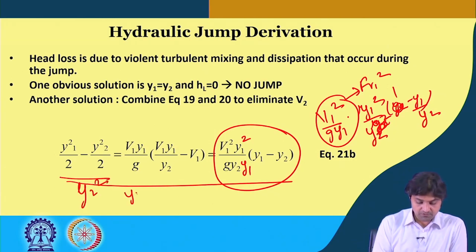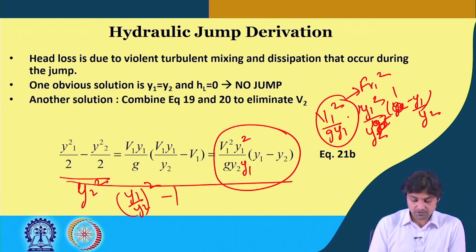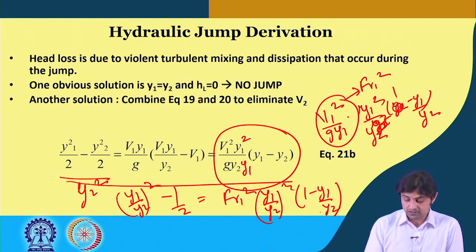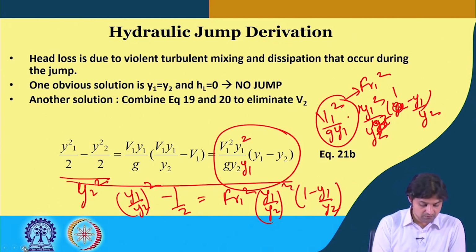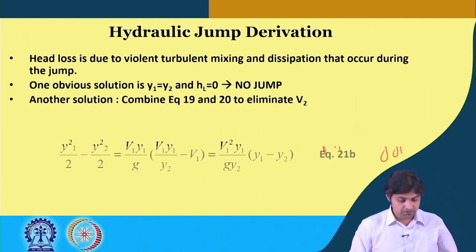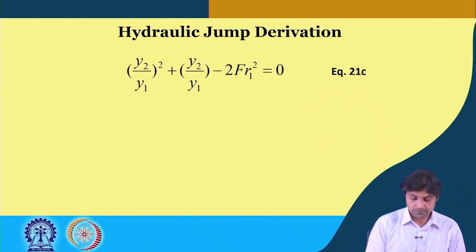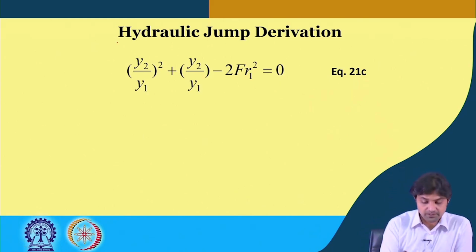So, this will become y1 by y2 whole square, and this becomes minus 1 by 2 is equal to Froude number whole square y1 by y2 whole square into 1 minus y1 minus y2, and this on rearranging will come out to give this equation. Okay. So, this is a simple equation.